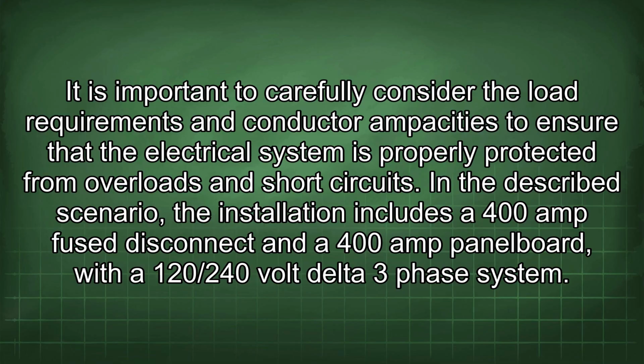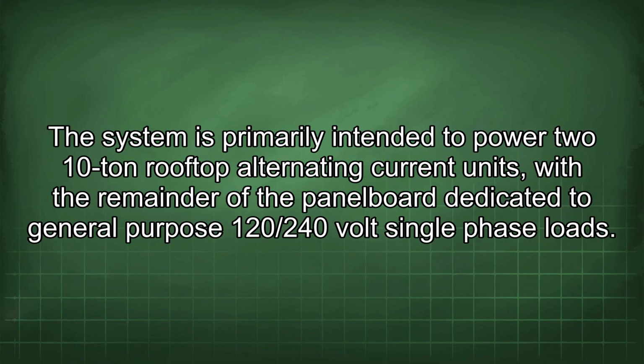In the described scenario, the installation includes a 400 amp fuse disconnect and a 400 amp panel board with a 120/240 volt delta 3-phase system. The system is primarily intended to power two 10-ton rooftop alternating current units, with the remainder of the panel board dedicated to general-purpose 120/240 volt single-phase loads.